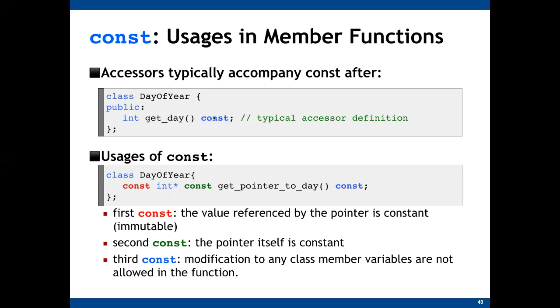If you put the const keyword at the end of member function declarations, these member functions become constant member functions. The constant member functions cannot change the data in the class. The data is the member variables, so it cannot change the values of member variables in the class.